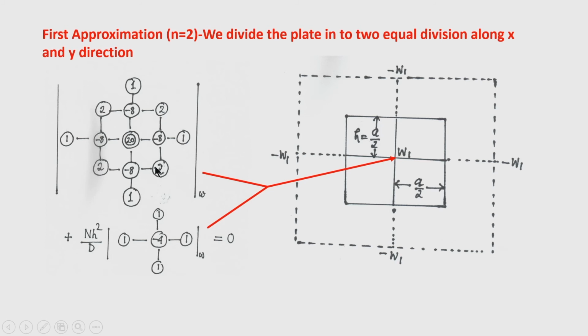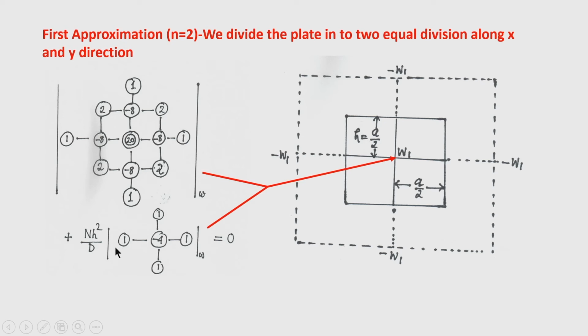Similarly, this node, the circles that you are seeing, those 2 2 2 2, are also falling on the corners, and this is because the plate is simply supported at the edge. So, the deflection value at all points along the boundary is 0. So, we are getting only 20 W 1 by applying this equation. No other quantity can appear here.